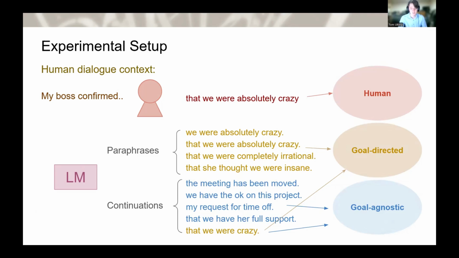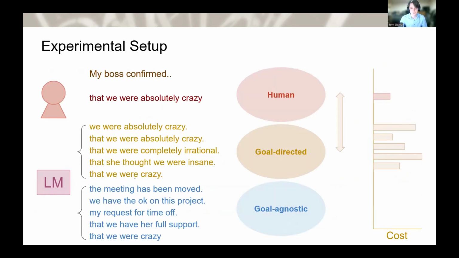The goal-agnostic set simply includes all generated continuations. With these two types of alternative sets, we can now ask, does the human continuation minimize cost with respect to the goal-directed set, which would reflect a speaker-oriented notion of cost minimization? Or is cost minimized against the goal-agnostic set, which would reflect a listener-oriented cost management?